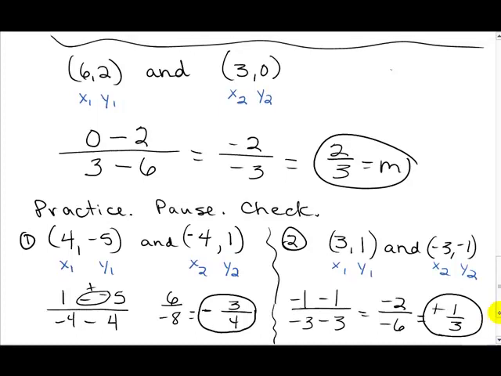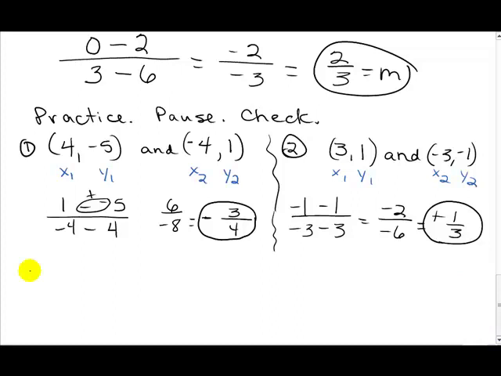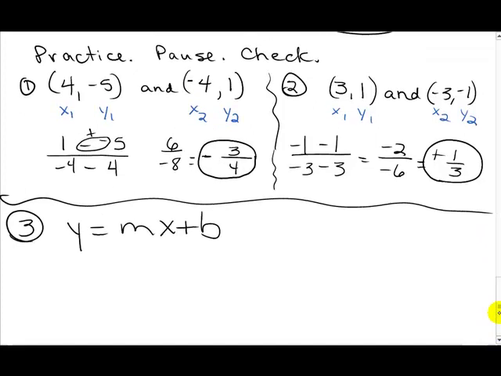Okay, let us look at a third way to do slope. In this equation, remember we said m is the letter that represents slope. And notice it's with x. So whatever number is in front of x is our slope.